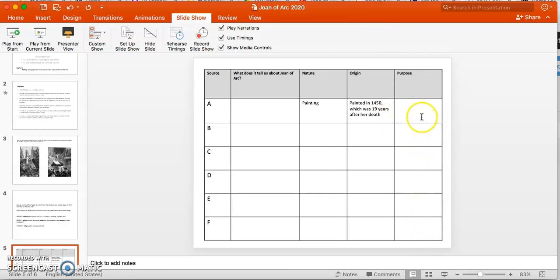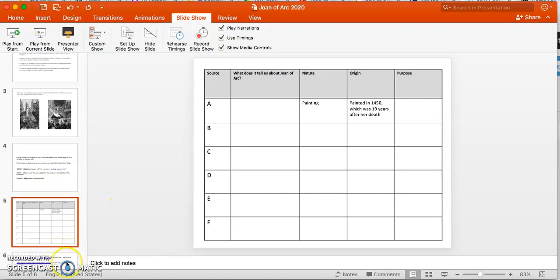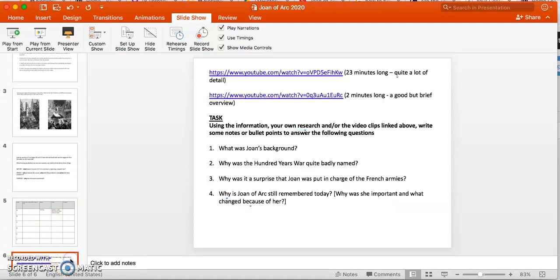For some of the sources, it might be quite difficult to work out what the purpose is, why it's been produced. If you're not sure, you can leave that blank. But this is what I want you to do for sources A to F. Try and fill in that table. Okay, once you're done with that, and that might take you most of the half hour this morning, that's okay.